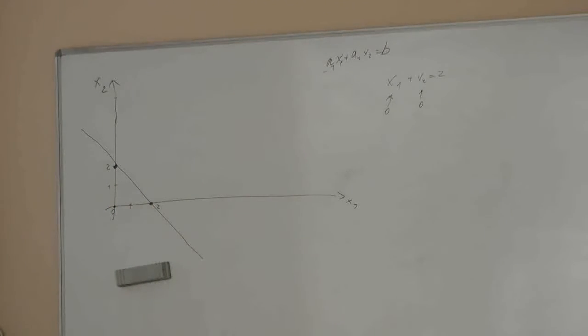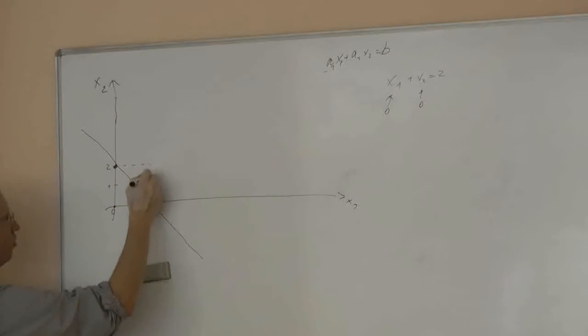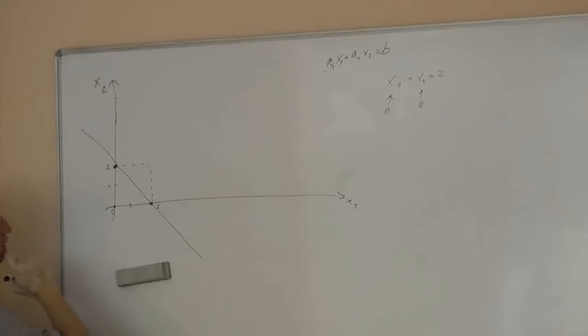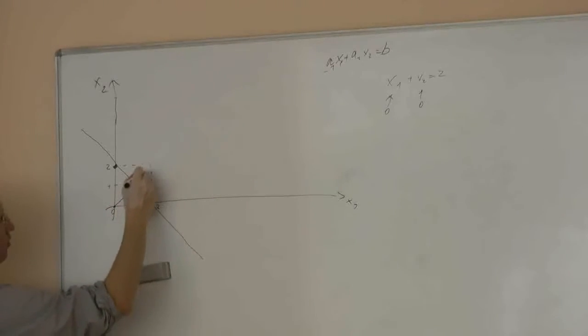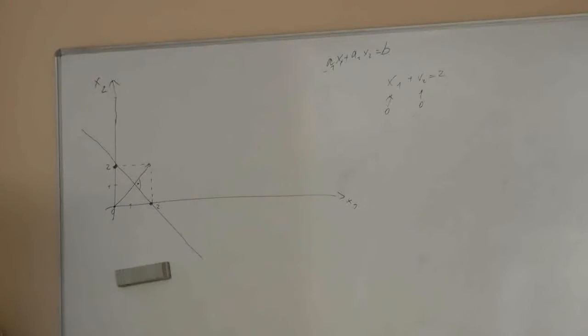Now the question is, is there maybe an easier way to draw this? I mean, look here. This is 2, right? This is a box. This vector here, there is a right angle between the line and this vector, obviously.